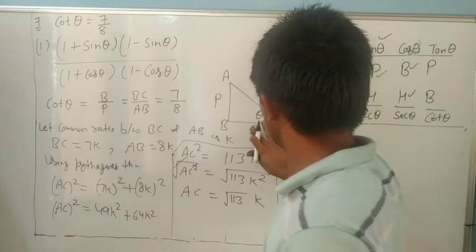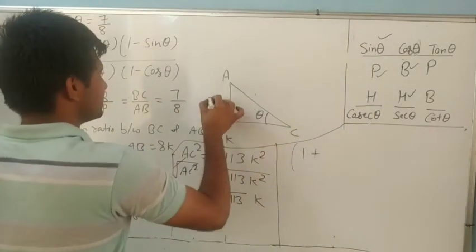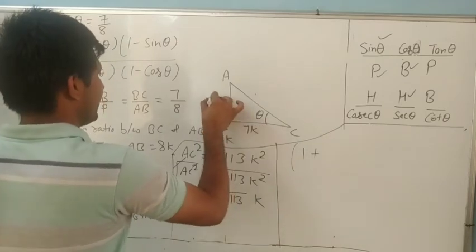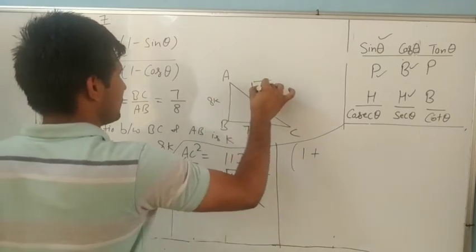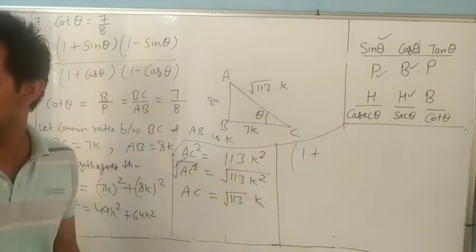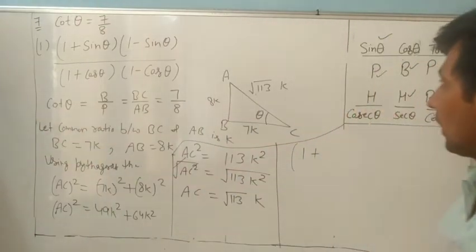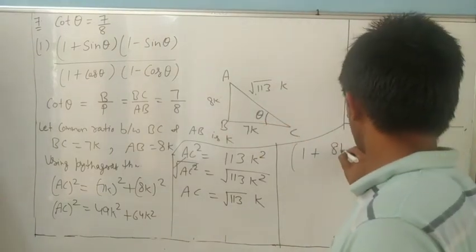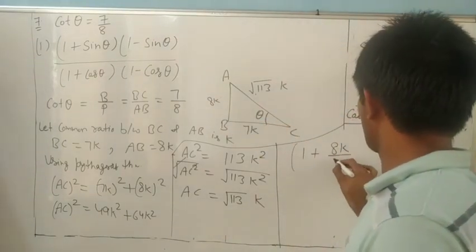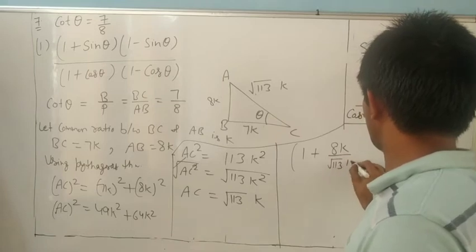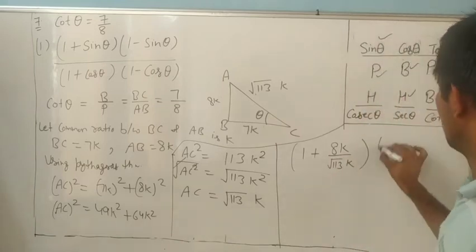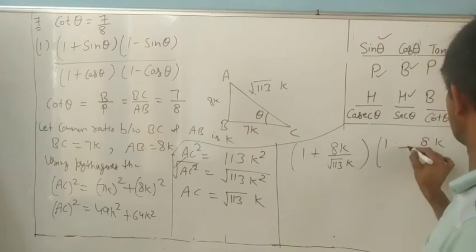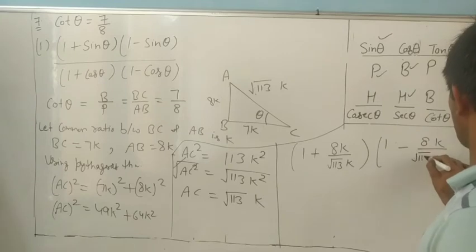You can write cot 7K by 8K, and it is root 113 into K. So 1 plus sin is perpendicular 8K divided by the root of 113K, into 1 minus 8K divided by the root of 113K.